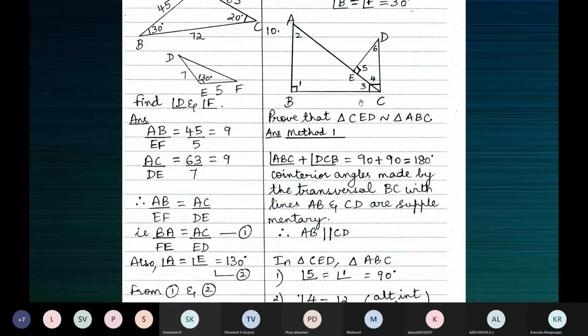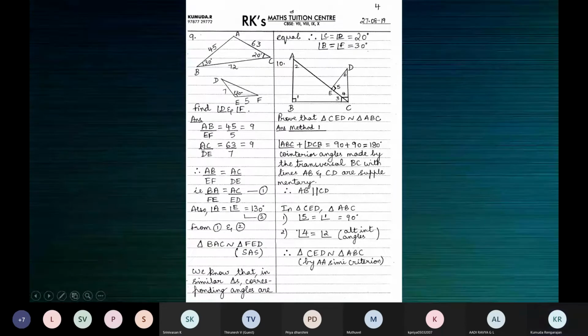Okay, so AB is a line, DC is the other line, and BC is the transversal. AB is a line segment, and DC is the other line segment. This is the transversal. You can see this is already 90 degrees.